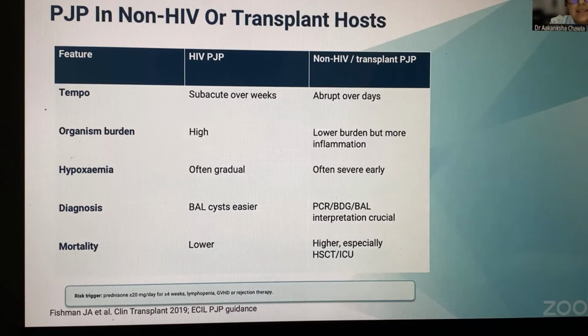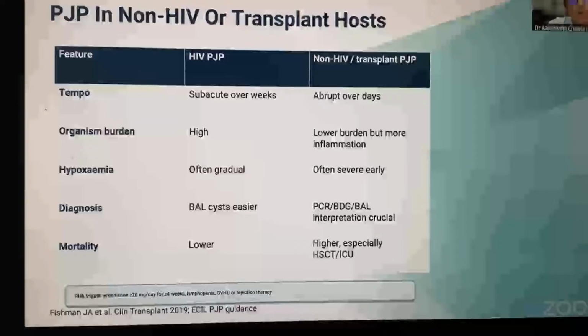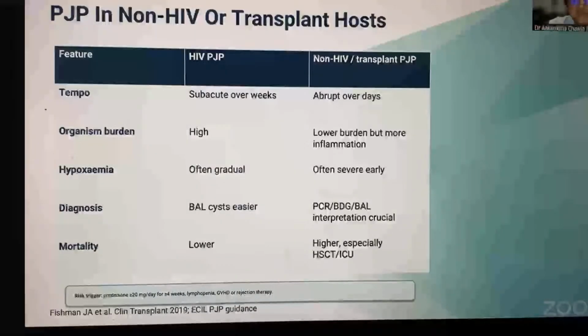Now, understand this, that a non-HIV transplant patient would often have a severe acute course, would be very hypoxemic, admitted in your ICU. And the mortality risk is also much higher with these patients because they are quite sick on the initial presentation. Diagnosis for the non-HIV transplant patients depends upon the same tests. You send the PCR, beta-D-glucan, and you do an early BAL for the non-HIV and transplant PJP patients.